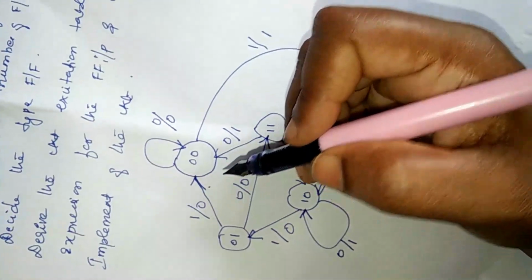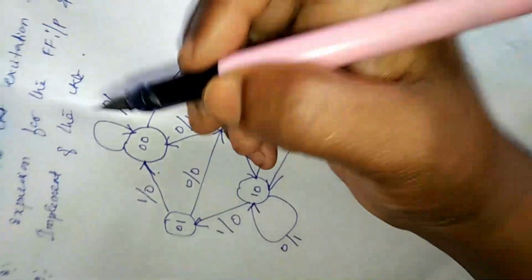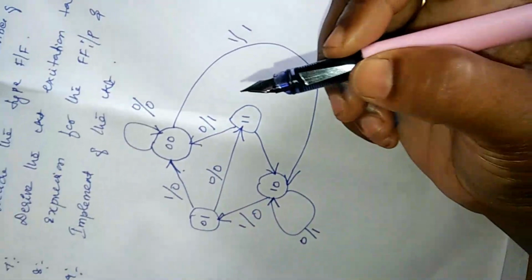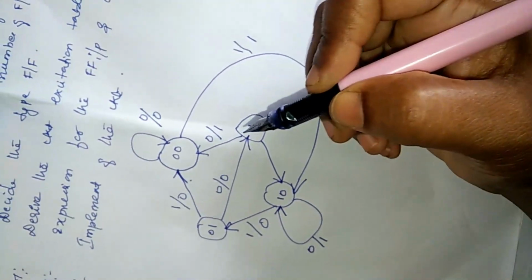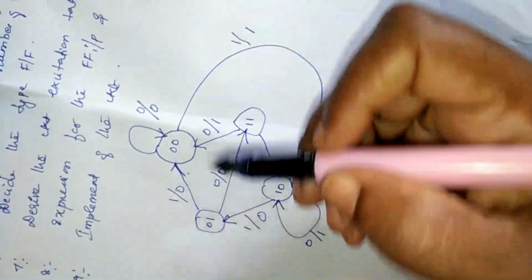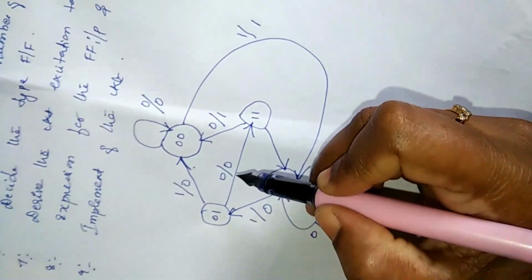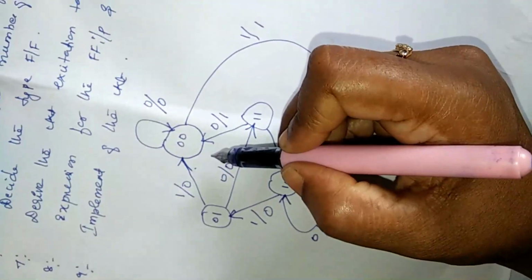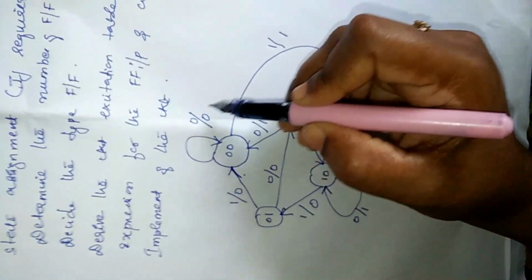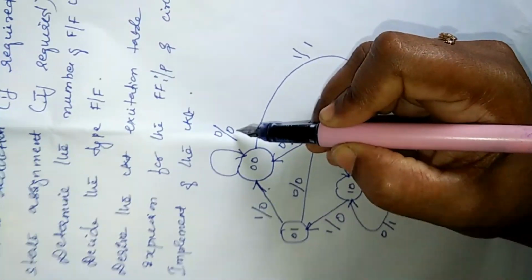When we discussed the types of sequential circuits, the Moore and the Mealy circuit, we already discussed the representation. Here it is the Mealy type of circuit, where you can see the input being represented in the numerator and output in the denominator.